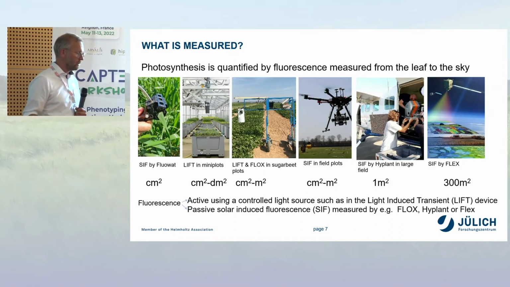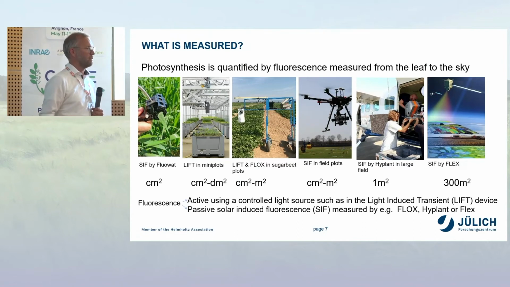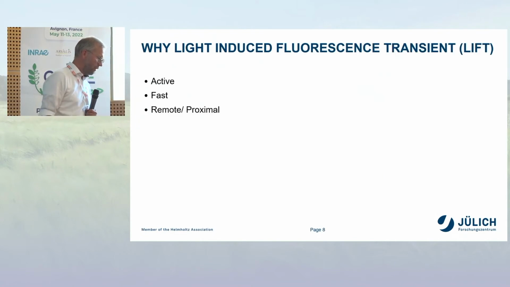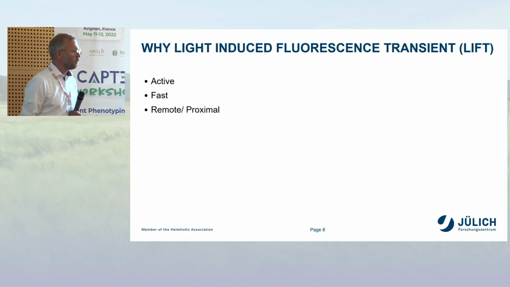But for the rest of the talk I would like to continue with active fluorescence, where we can get an estimate of photosynthetic efficiency using an active light source. For that I would like to use the Light Induced Fluorescence Transient method. Why? It's active, it's fast, and you can measure remotely and proximally.